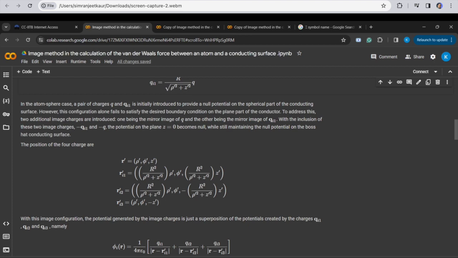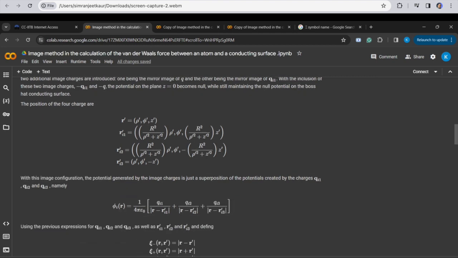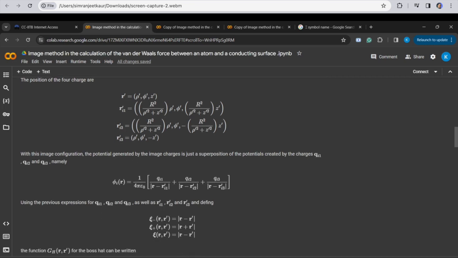With the inclusion of these two image charges, minus QI1 and minus Q, the potential on the plane z equals 0 becomes null, while still maintaining the null potential on the Bose head conducting surface. The positions of the four charges are given here: R dash, R dash I1, R dash I2, R dash I3.